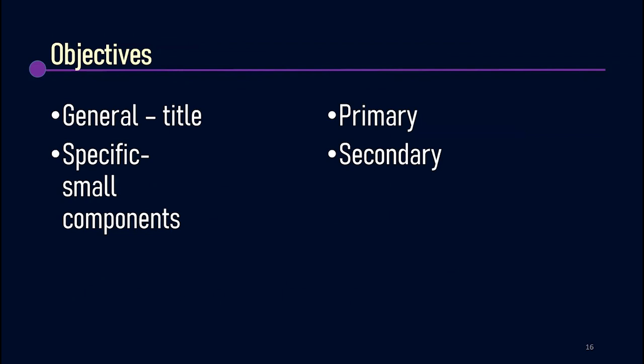Specific objectives are the smaller things that come along with the general objective. And the similar thing applies in primary and secondary objectives. The primary objective is the main aim, the main reason why you are conducting this research, whereas the secondary objective is additional information that is gathered as part of achieving the primary objective.